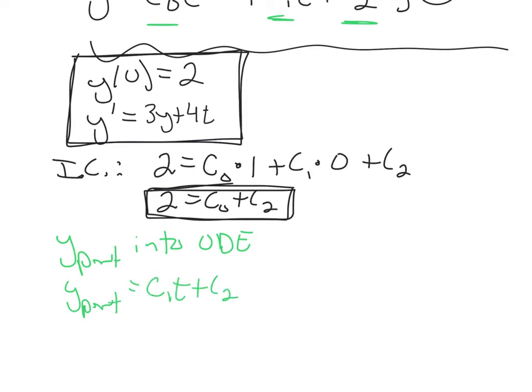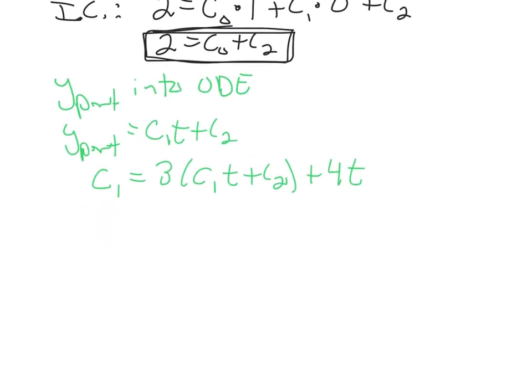And if we put that into the differential equation, the left-hand side is, let's see, the derivative of y particular, which is C1, equals 3 times C1t plus C2 plus 4t. To be abundantly clear here, that is y particular prime. That guy is y particular.